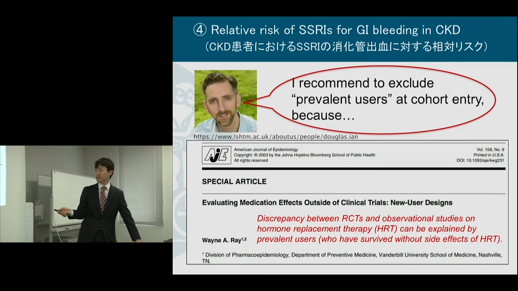And in this example, he says that the discrepancy between RCTs and observational studies on hormonal replacement therapy can be explained by prevalent users who have survived without side effects of the drug.